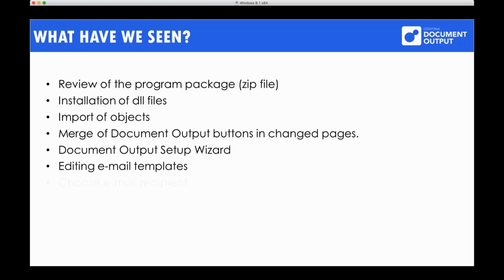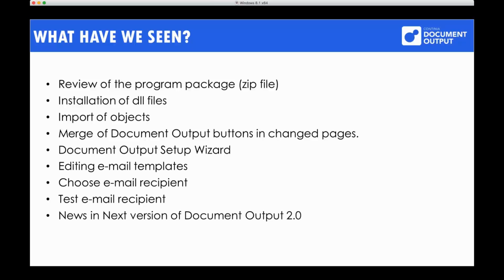We edited email templates, chose email recipients, and tested the email recipient. Then we also looked at a couple of the new features in Document Output 2.0, and as Sven told you, we expect to release Document Output 2.0 in the fall of 2016.